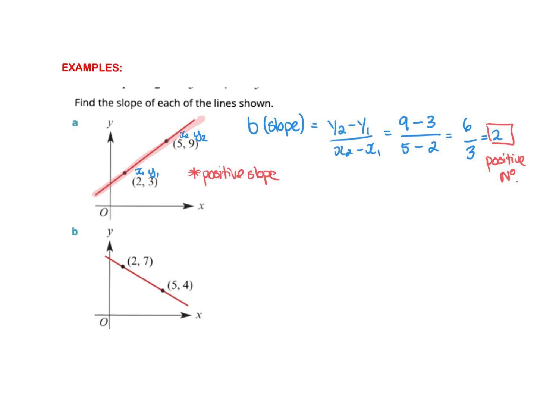Okay. So then when we're looking at the next one, it's a negative slope. So we should see a negative answer when we work it out. So let's have a look at that. So we're finding the slope. So I'm just writing B for the slope so you're used to it. I'm writing out the formula.